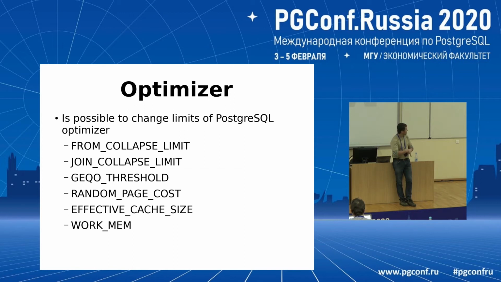And the typical configuration is now, if I remember well, 10 megabytes. It can be increased to 20, 200, and sometimes for OLAP queries, 2 gigabytes. So you can increase this value significantly.